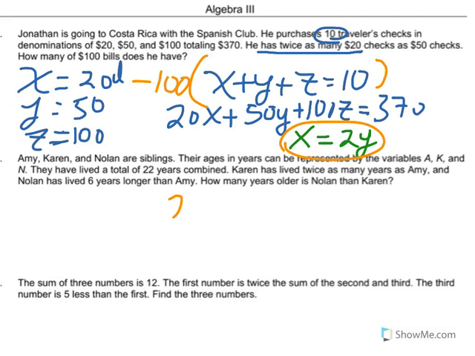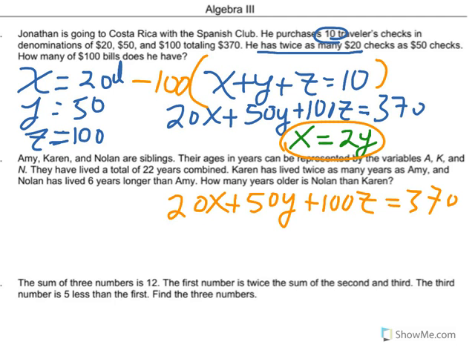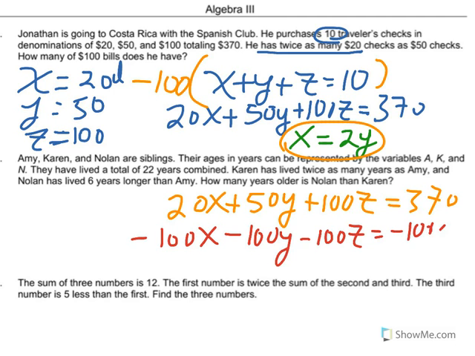So I'll have 20X plus 50Y plus 100Z equals 370, and then negative 100X minus 100Y minus 100Z equals negative 1,000. When I add straight down, my Z's will cancel out.